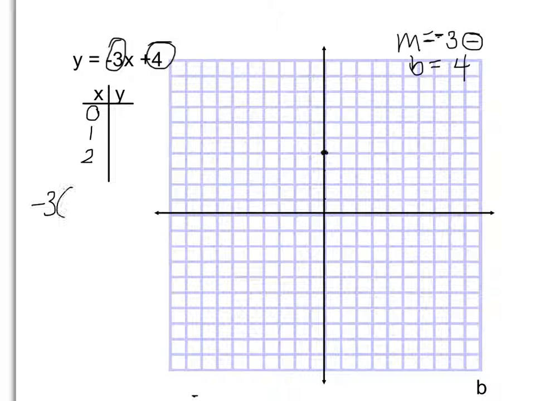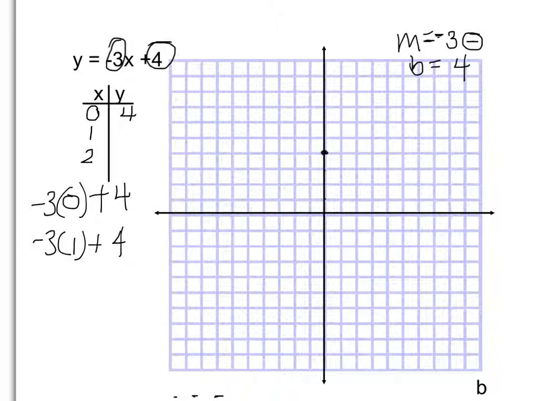Negative 3 times 0, remember we're plugging in our numbers for x, plus 4 just gives me a 0 plus 4, which is 0, 4. First set of coordinates, already done. Next one, negative 3 times 1 plus 4 is negative 3 plus 4, which is 1, 1. Our next set of coordinates.